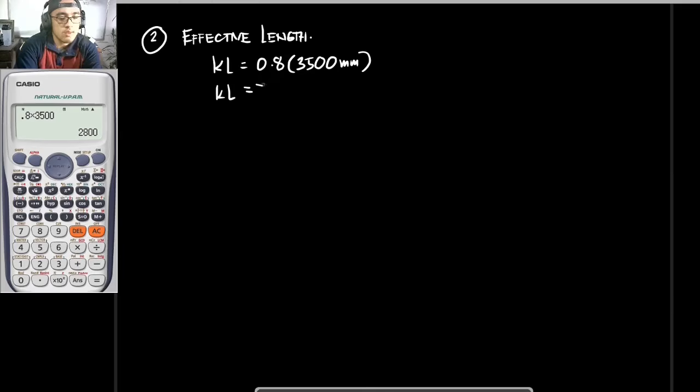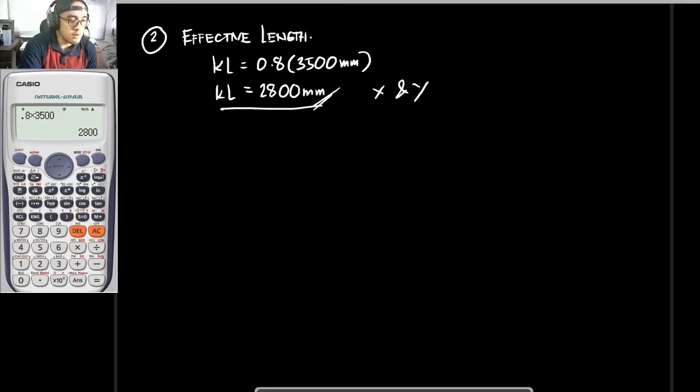So meaning ito lang yung length na magsasubject sa buckling. Okay, so what would be the next? Oh, by the way, this is true for both x and y axis. So, ito yung k and l mo for both x and y. Kasi same lang daw siya.